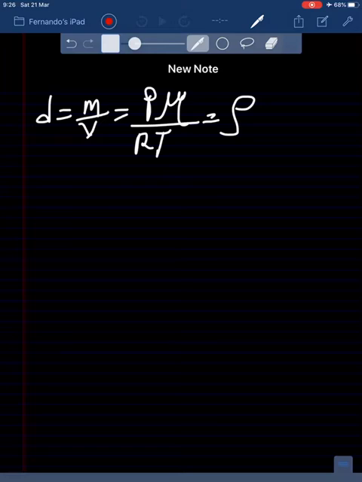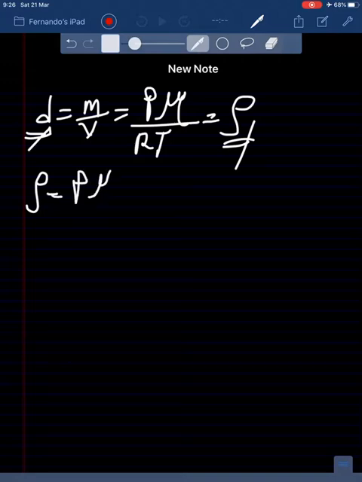And remember, I like to use this symbol just to denote that I'm talking about the density. Taking that into account, density is going to be the same as the pressure times the molar mass over RT. Now with this I can do some clearing, because the good thing about thermodynamics is that I can move things according to what I need.